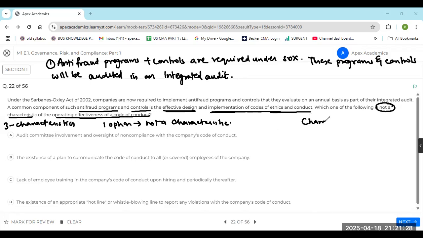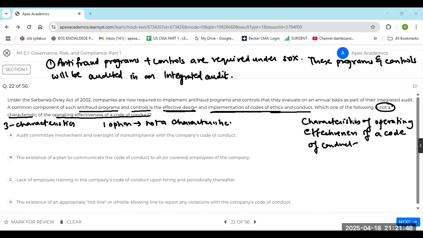Sir, what are the characteristics of operating effectiveness of a code of conduct?